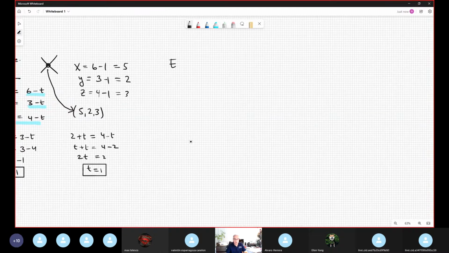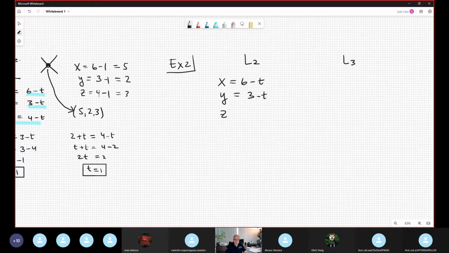Now, suppose another parametric set is given, line 2 and line 3. Line 2 is the same: x equals 6 minus t, y is equal to 3 minus t, and z is 4 minus t. But line 3 is different. It's another line: x equals 6 minus 2t, y is equal to 7 minus 2t, and z is equal to 1 minus 2t.